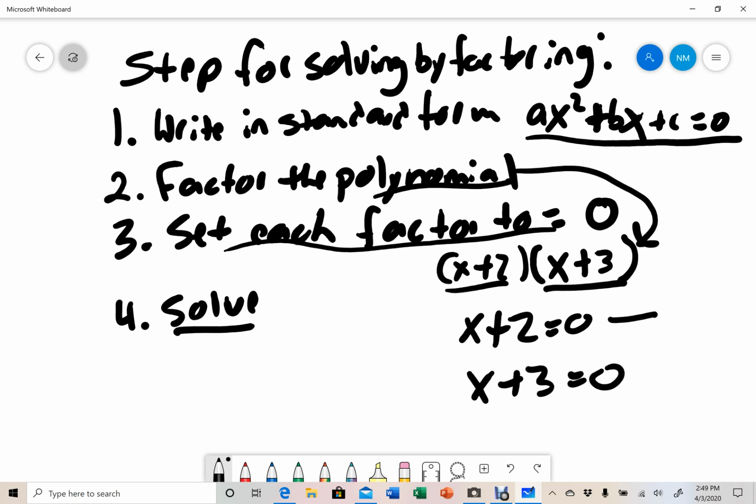And I'm going to solve both of these, okay, for step number 4. So I would isolate my x, move my 2 over, and solve for x for both of those. And then of course, as in most of our math, step number 5 is going to be check. And we'll talk about how to do that in just a minute.